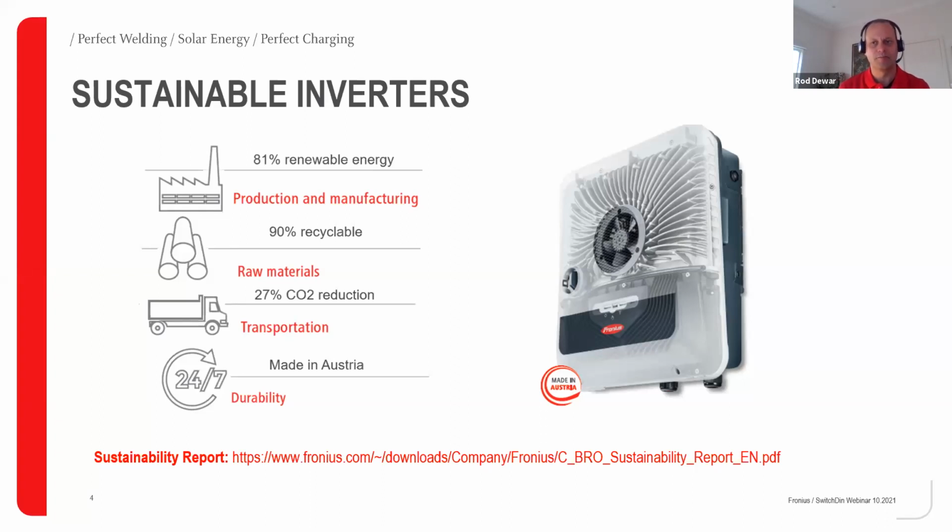So the factory and the manufacturing that we use runs on around 81% renewable energy. The componentry and things that go into the inverter are 90% recyclable. Also a lot of raw materials, some of those are also recycled materials that we use, for the aluminium, etc. And also the transportation, we have a big emphasis on maintaining that as low as possible.